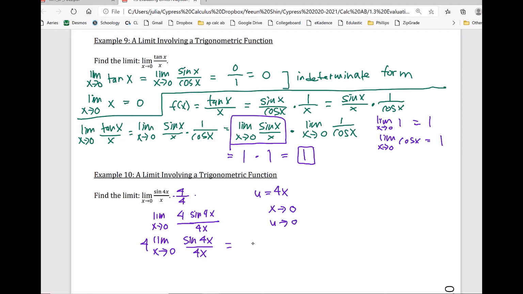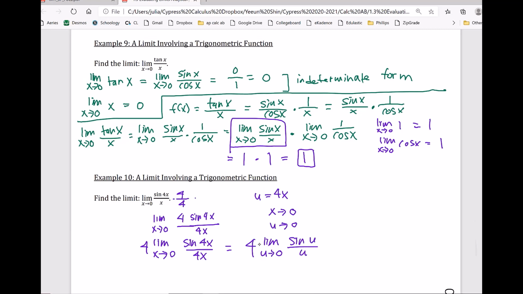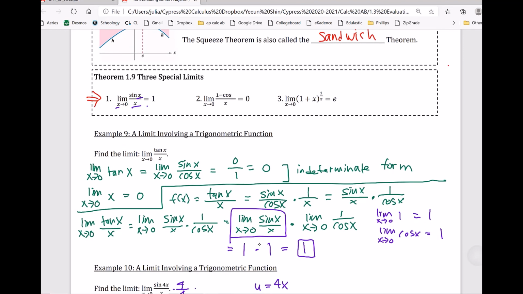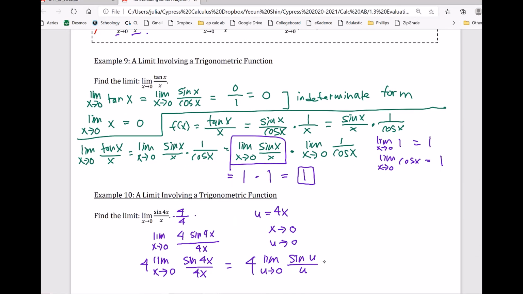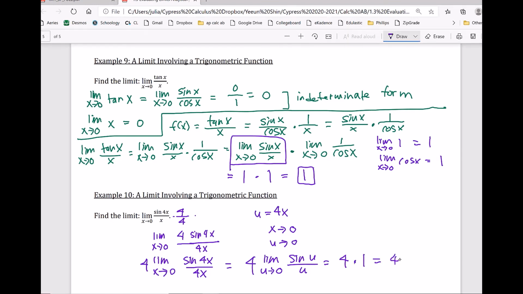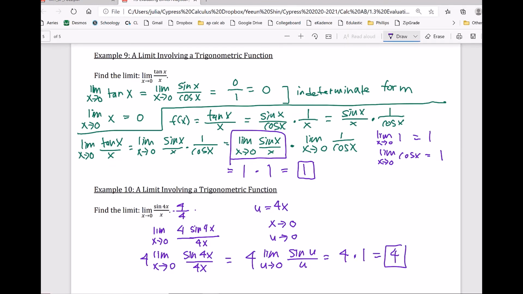So now I can rewrite it using a different variable. So it's a little bit easier for us to match up with our special limit here. Okay, so the only difference is I've replaced all the x's with u's. And I can simply say it's 4 times 1, which is 4. All right, good luck.